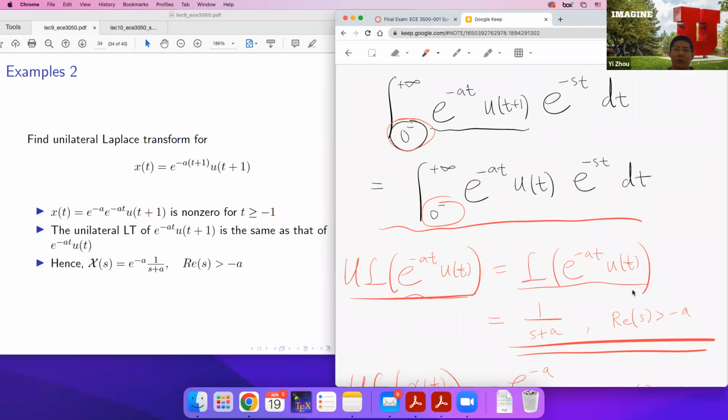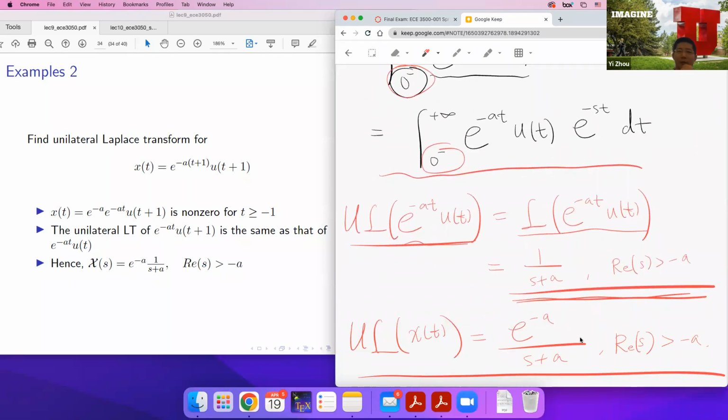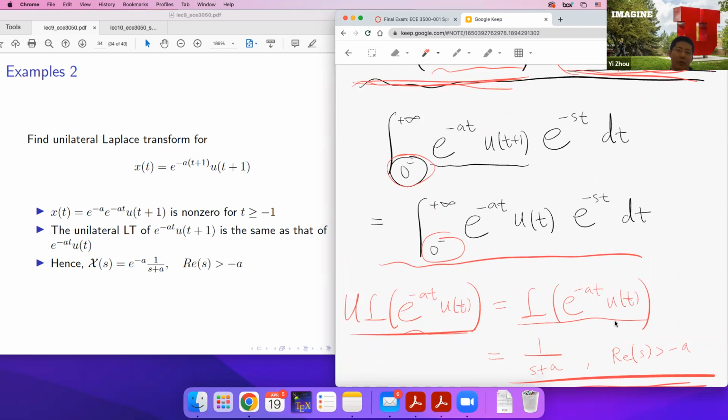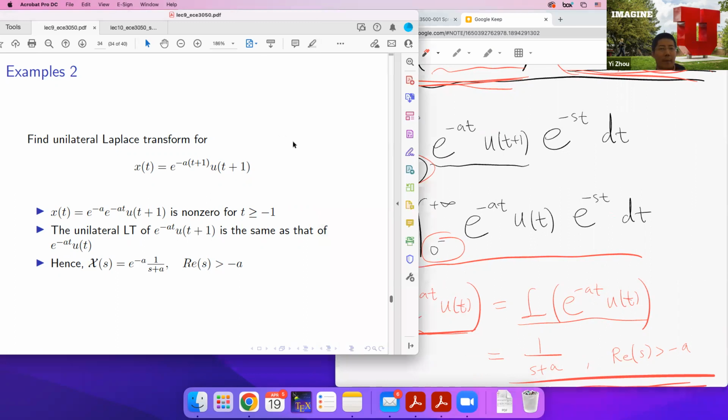And we know the Laplace transform for this one. So in the end, this is how you figure out the unilateral transform, by connecting it to the Laplace transform of a causal signal. We will play with this trick numerous times.